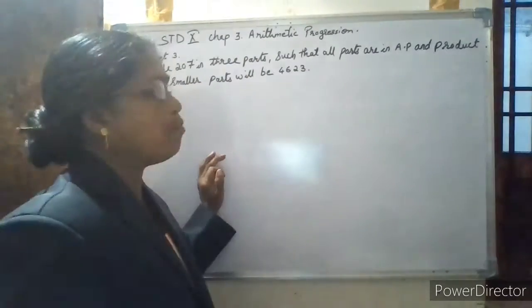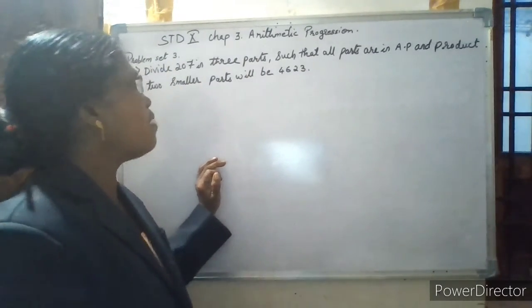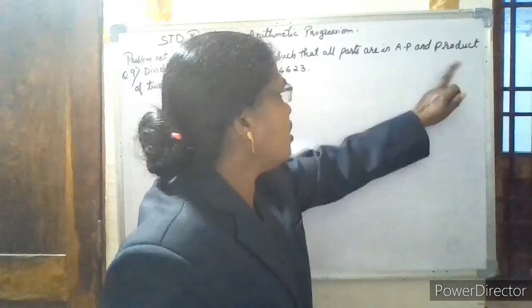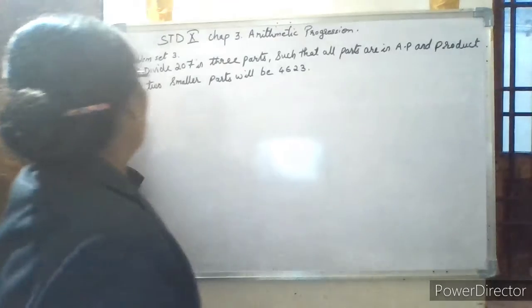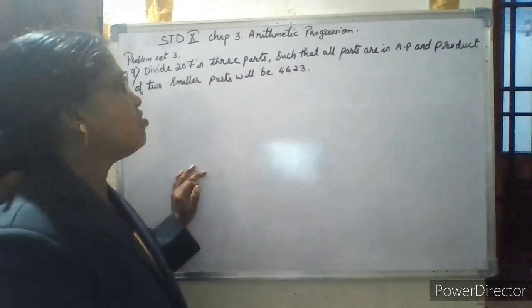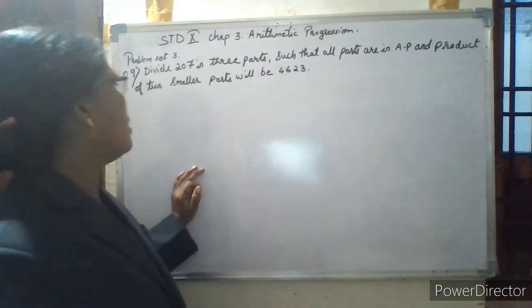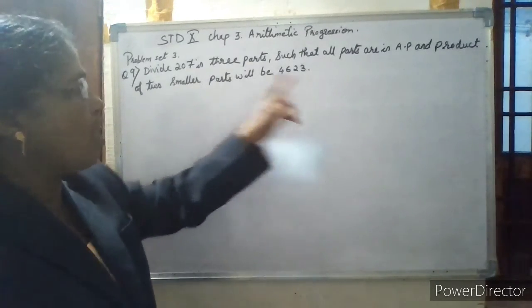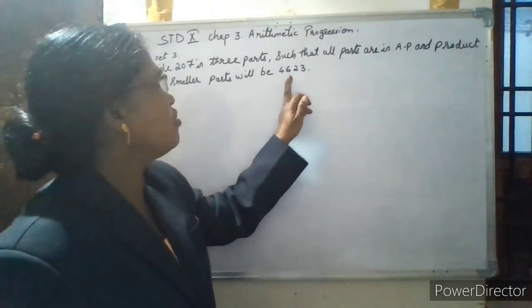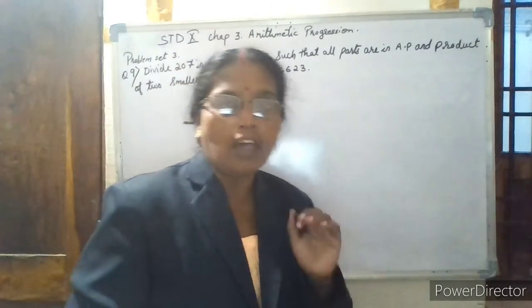That means we can take the 3 parts as 3 consecutive terms of an AP. And the second condition given is that the product of the 2 smaller parts, that is the first and the second consecutive terms, will be 4623.